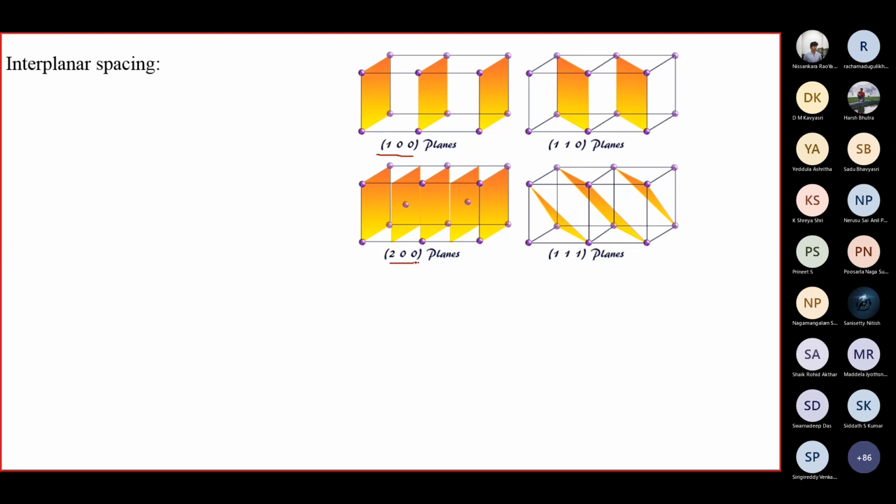In this 200 plane, again you go on repeating the plane at equal intervals, you will get the structure. But there is a difference between these two. The first one is simple cubic. This is not simple cubic. This is body centered. If you look carefully, this is body centered cubic, not simple cubic.